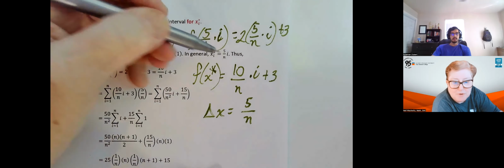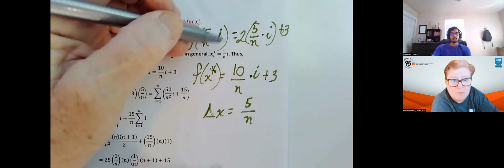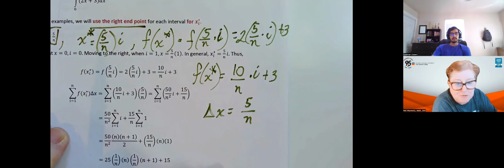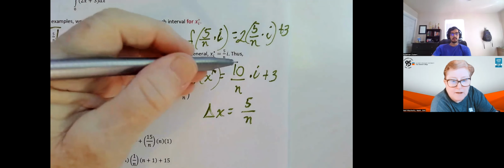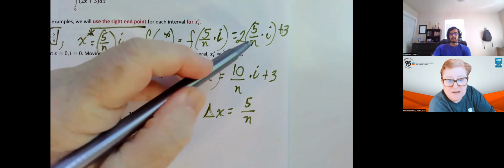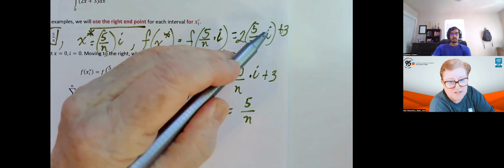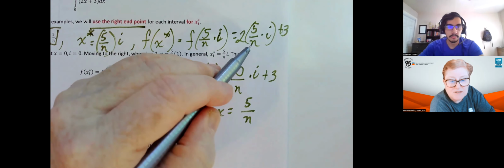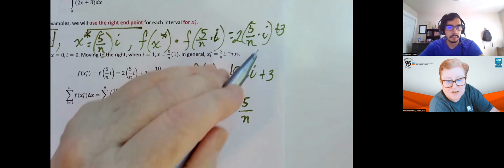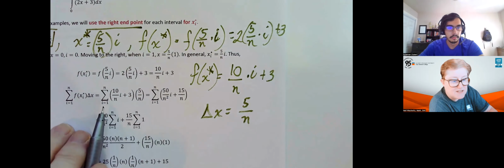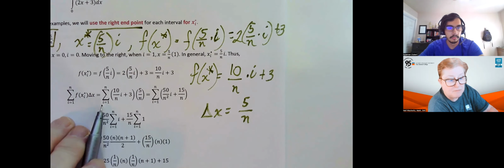The reason why I'm putting the i's off to the side is that I'm trying to remember in my head, what am I summing? Am I summing the n's or the i's? Here, n is a constant. It's i that changes. And that's because i is the index on the summation.